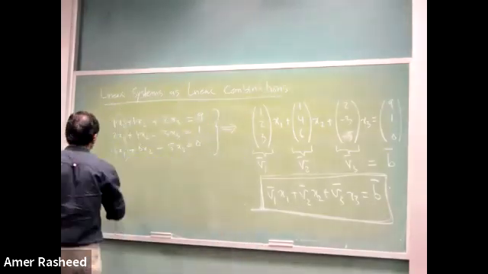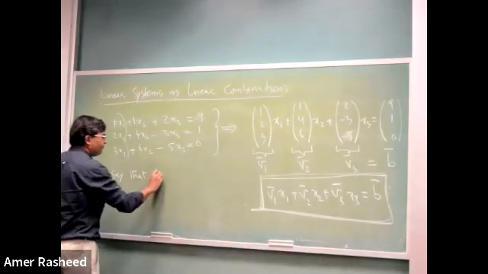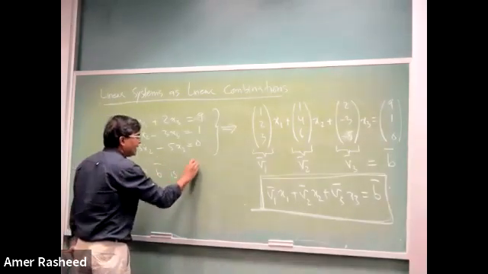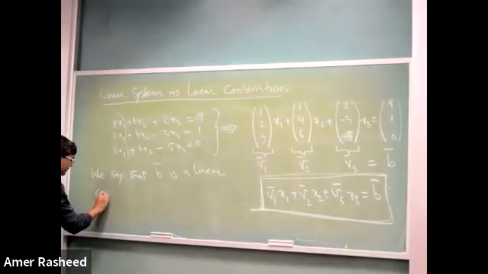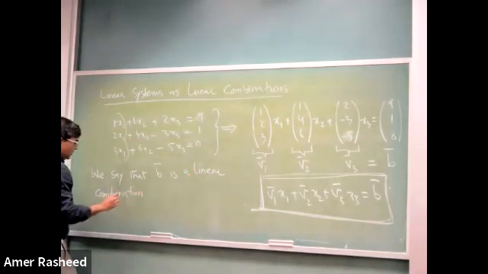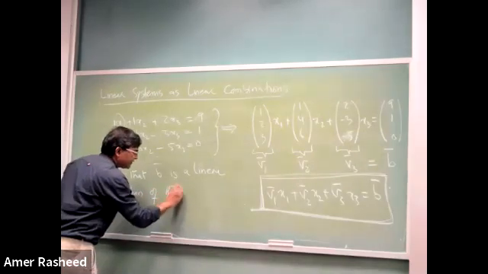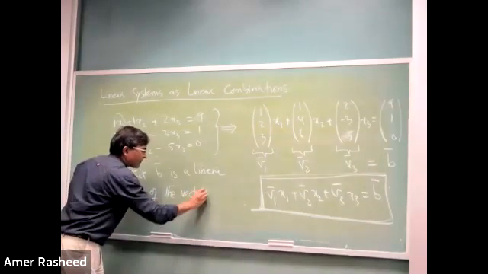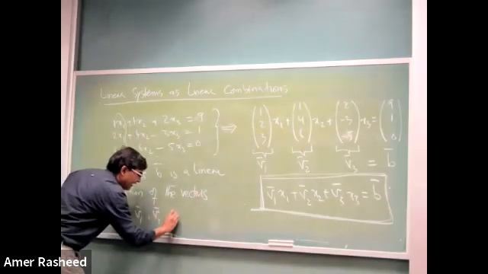Then we say that B is a linear combination of the vectors V1, V2, and V3.